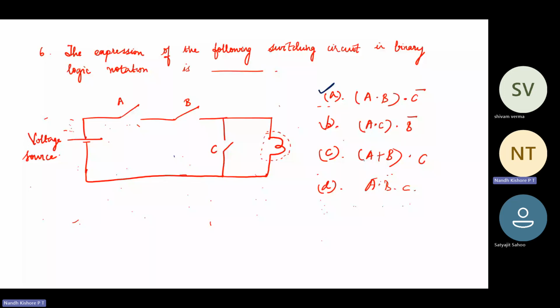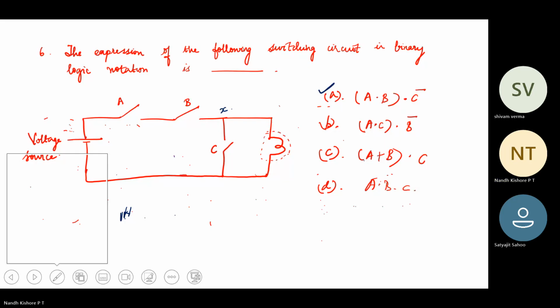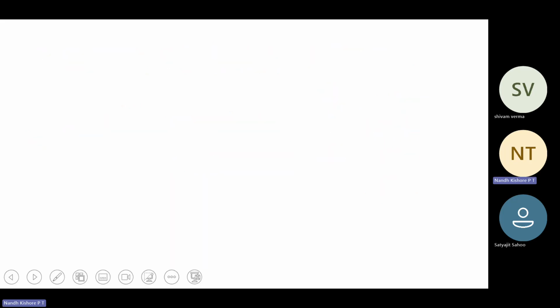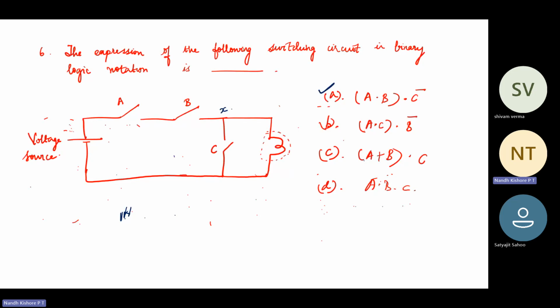Or if you want to do it mathematically, it's also possible. Let's consider this is the node X. This is the output you want. You have to write the truth table. Visually, you can directly write, that's the best way.